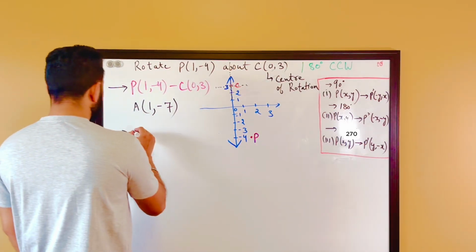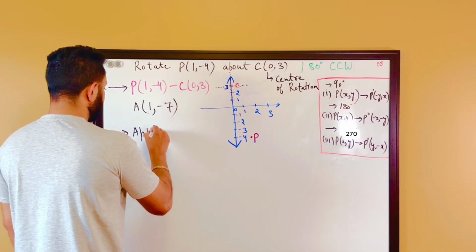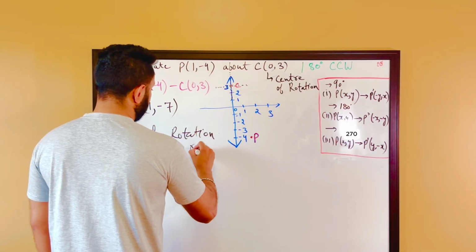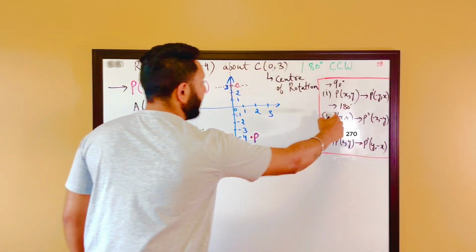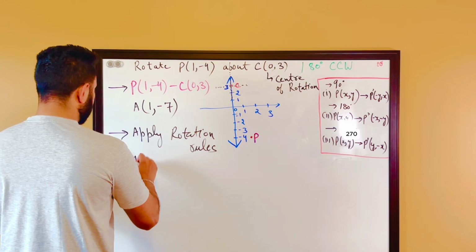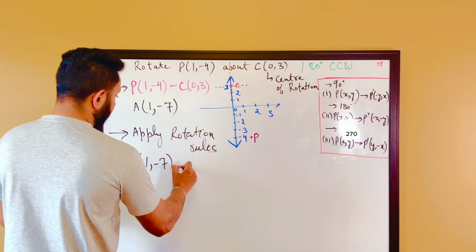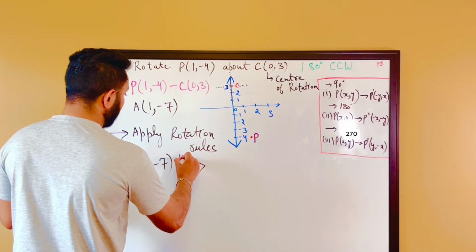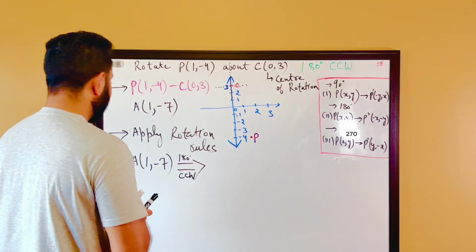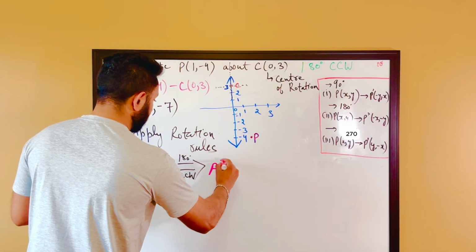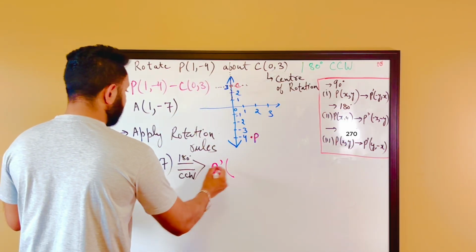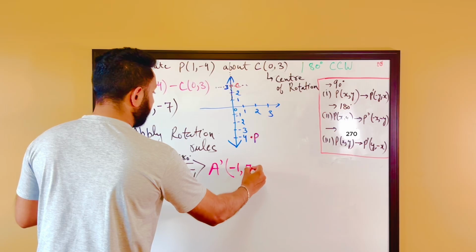So after that, we can apply rotation rules. So 180-degree counterclockwise. So that means after applying 180-degree counterclockwise, our A dash will be (minus x, minus y), so that means (-1, 7).